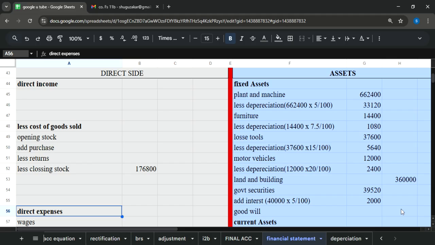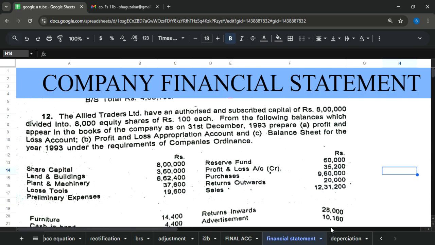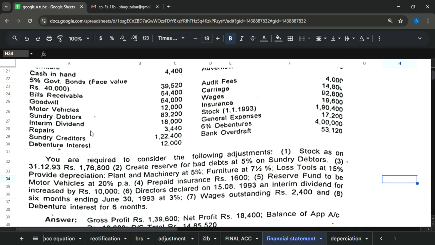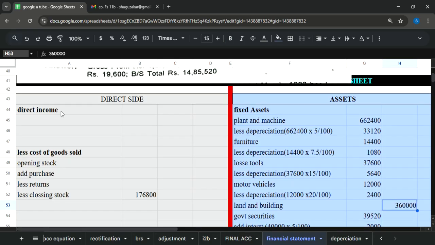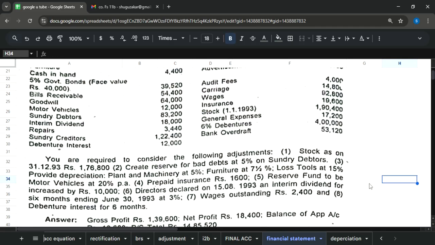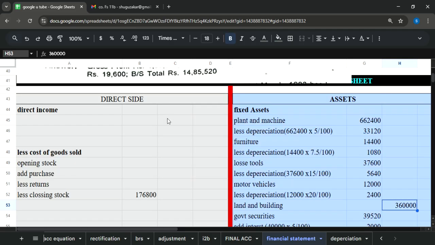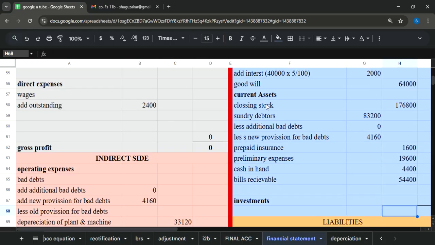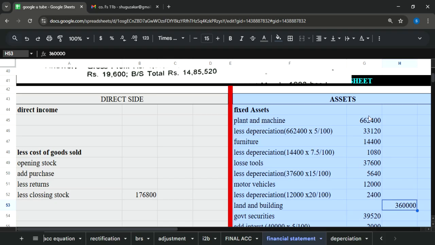So over here, 64,000 goodwill is recorded. Now we will see motor vehicle 12,000, and this has already been recorded. Then sundry debtors 83,200, already recorded.